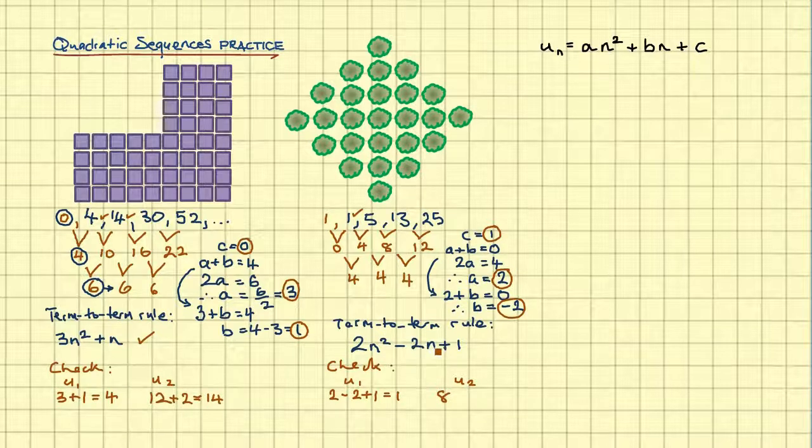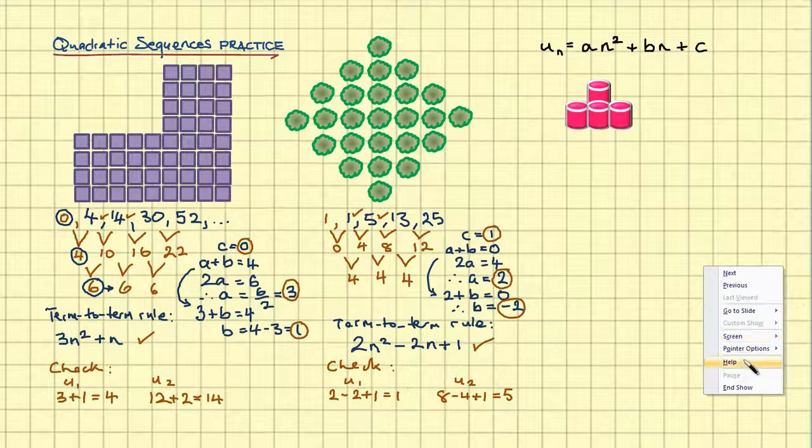Let's see if that works out as well. So 2 squared is 4 times 2 gives us 8. Let's write that down. 2 times 2, or times minus 2, gives us minus 4. Plus our 1 gives us 8 minus 4, 4, plus 1, 5. And checking here, yes, we should get 5, so that's correct. Therefore, our term-to-term rule, 2n squared minus 2n plus 1, that must also be correct.